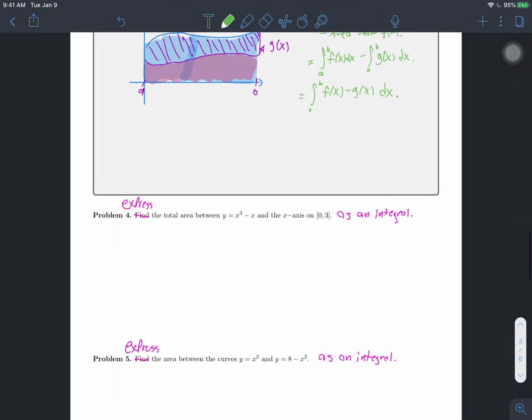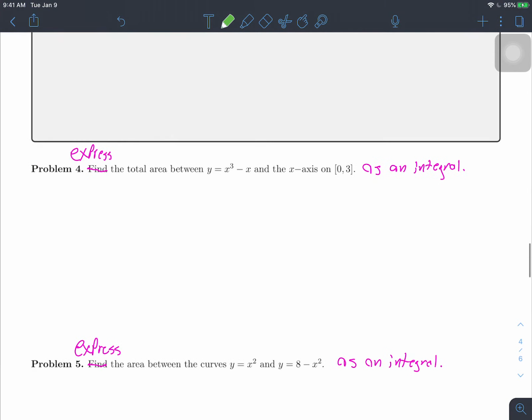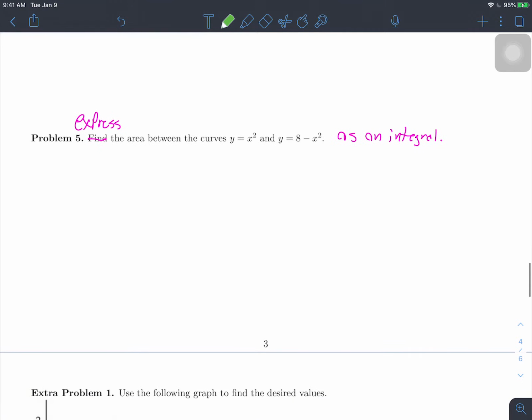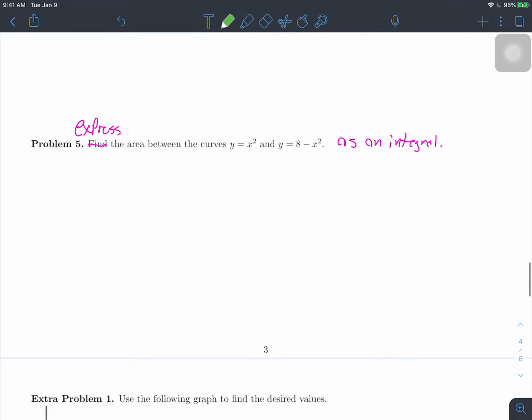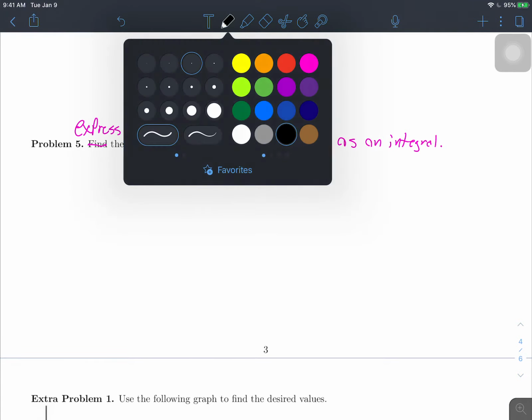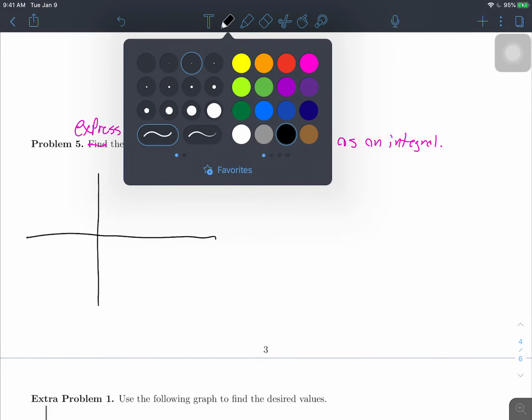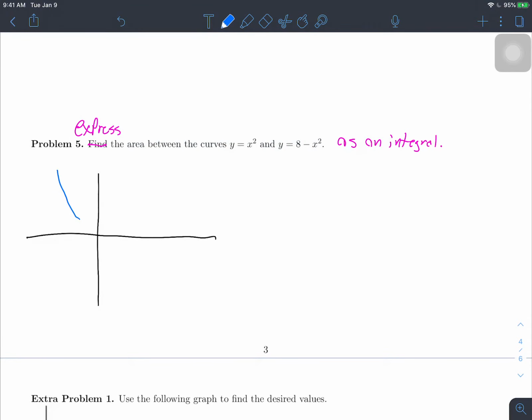So let's try this one. Problem 5. We want to express the area between the curves y equals x squared and y equals 8 minus x squared as an integral. So let's have a picture of what's going on here. y equals x squared, that's just a parabola. Okay, there's x squared.